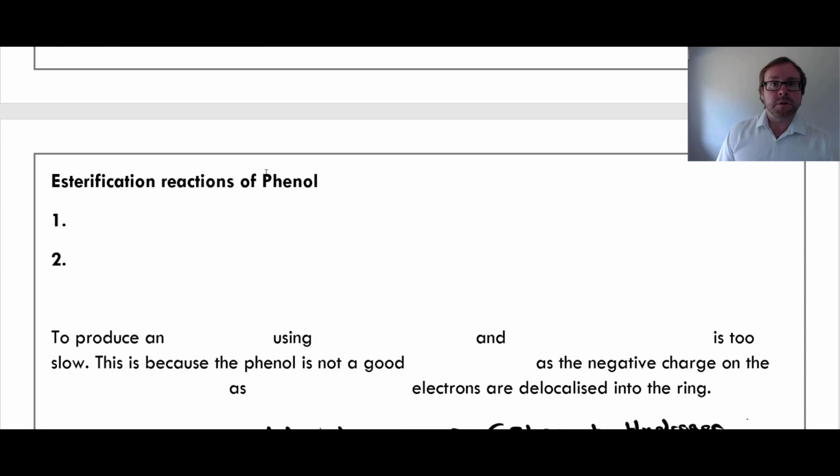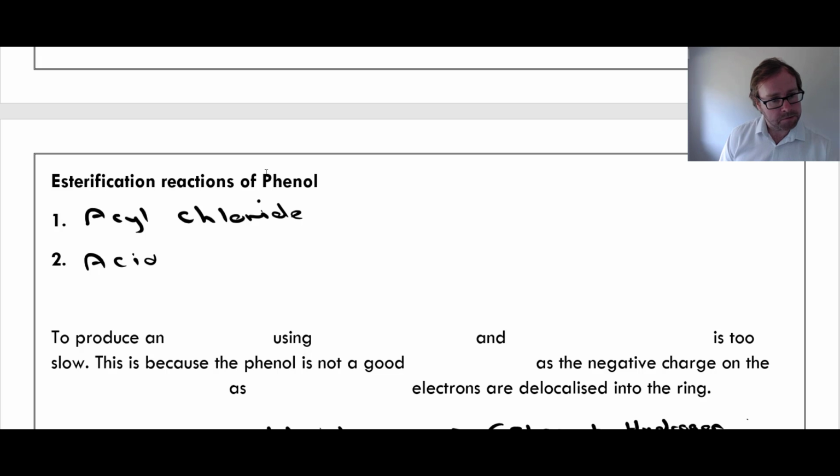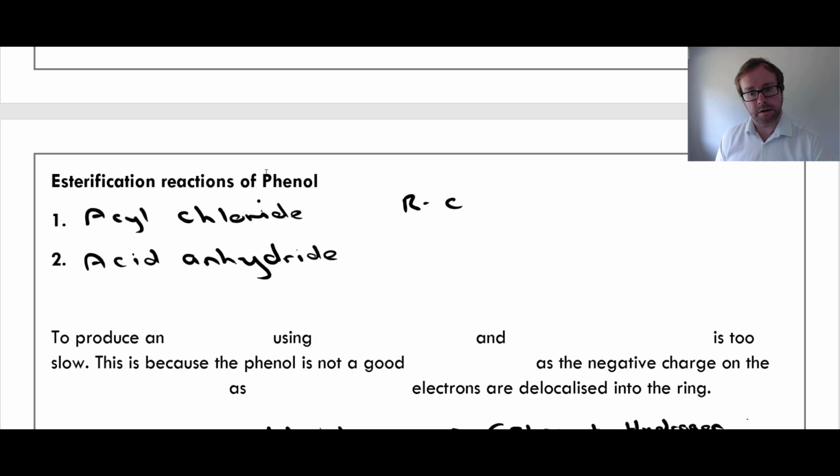Okay, so moving on. So we've talked about phenol behaving as a weak acid. It can also be involved in esterification reactions. Now, to do this, we can react phenol with either an acyl chloride or an acid anhydride. I will give you the generic equation.